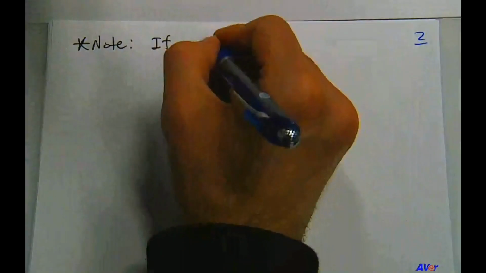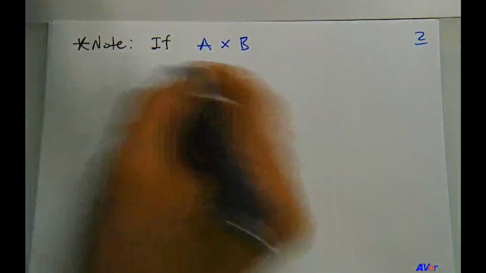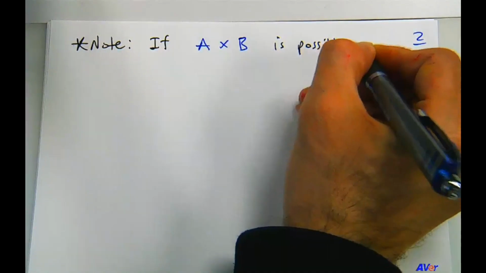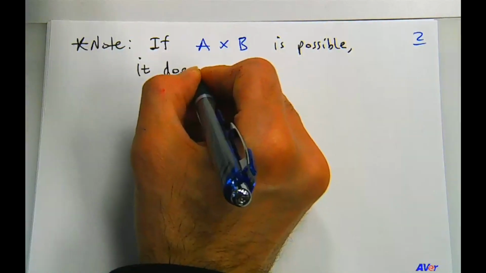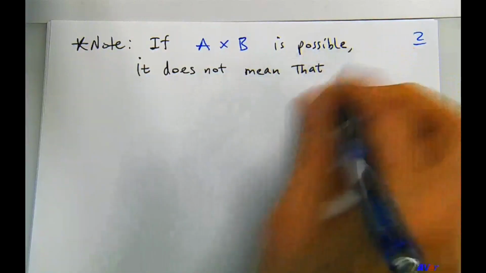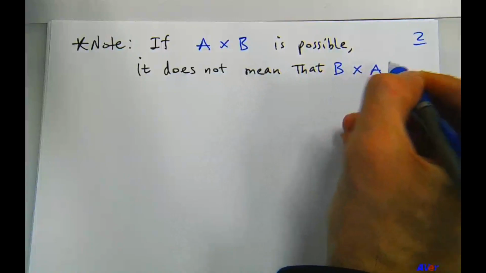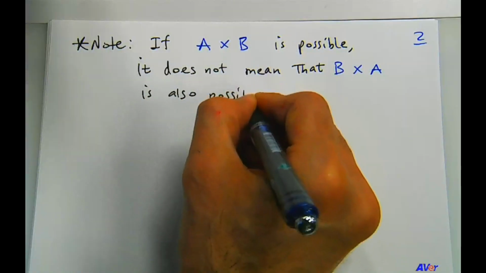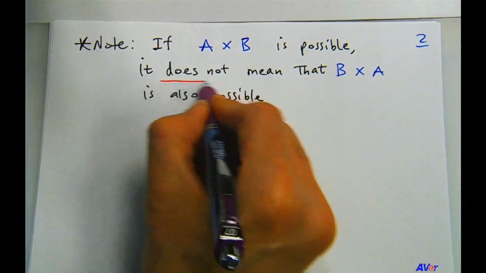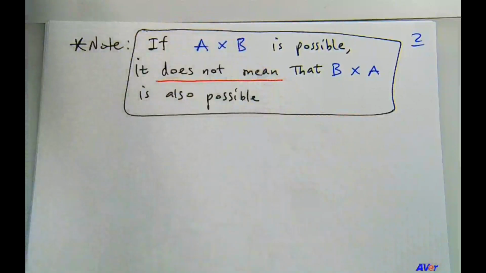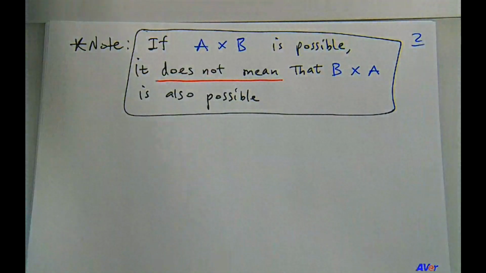If A times B in this order is possible, and let me underline, it does not mean, very, very important, that if you multiply two matrices in one order and that's possible, then if you change the order, B times A, that's also possible.